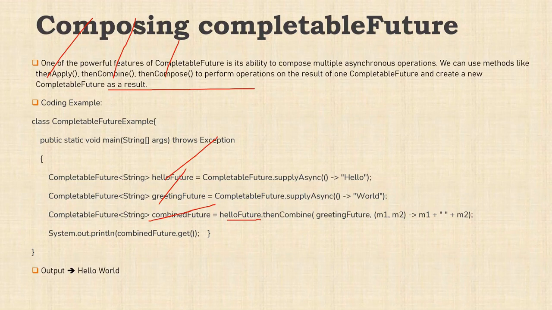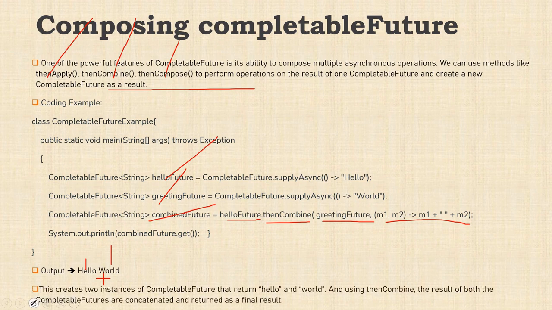This is the first one, and then thenCombine with the greeting future, and this will take a function as an argument. We are providing m1, m2 and m1 plus m2, so our output will be "Hello World". This is the concatenation. Like this we can compose with CompletableFuture. It is possible, but it's not possible in the Future interface.